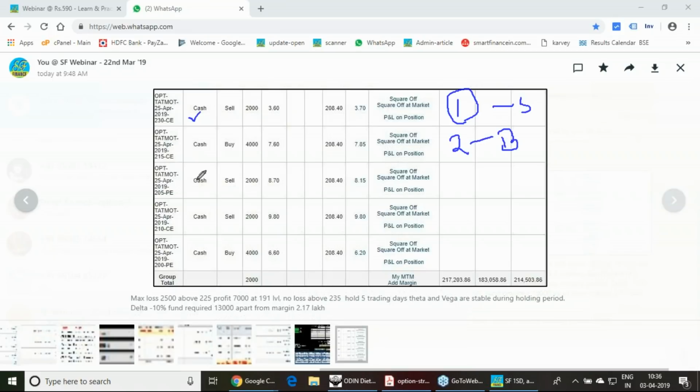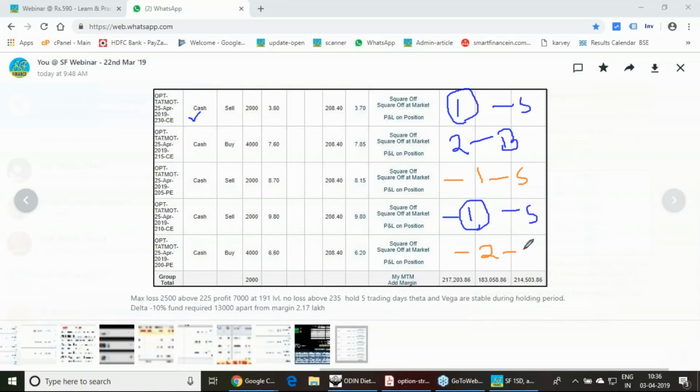And you are also selling a 210 call option, 1 lot. So call side is open. Now for the put side, you are following a different objective.